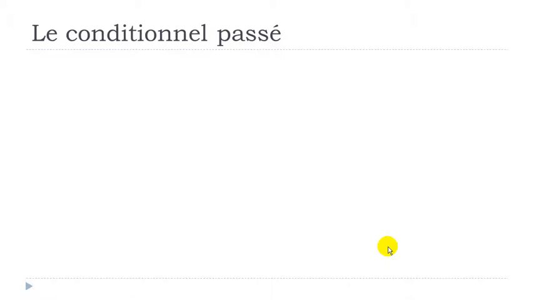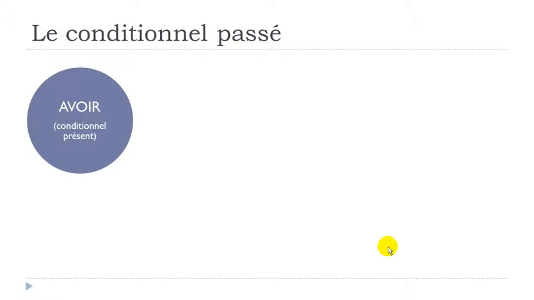So if you want to construct this conditionnel passé form, you will have first to use avoir like we saw, but then avoir should be at the conditionnel présent form.